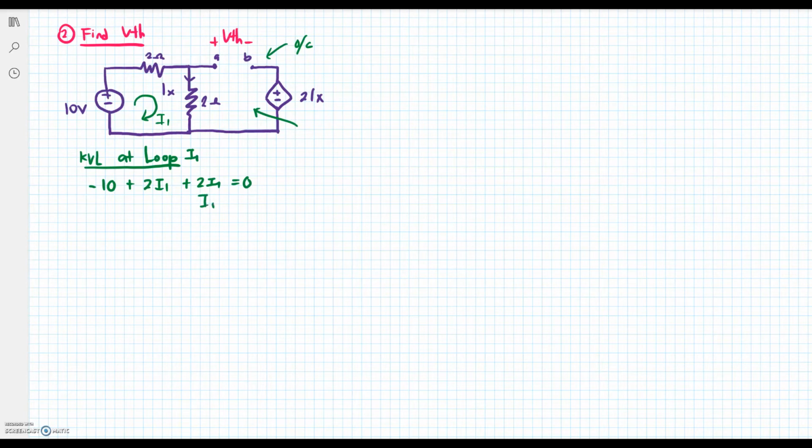And then you get the answer for I1 is 10/4, which is 2.5 amp. So actually I1 is Ix.